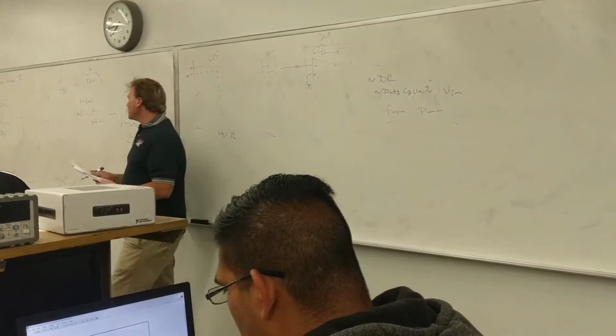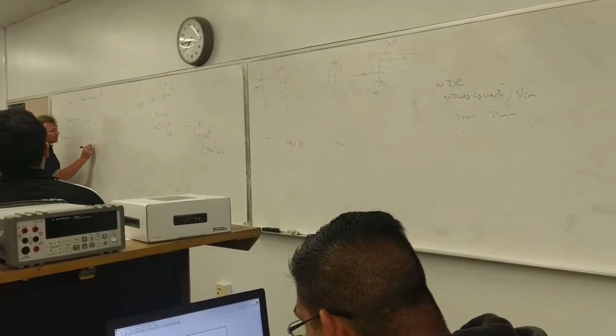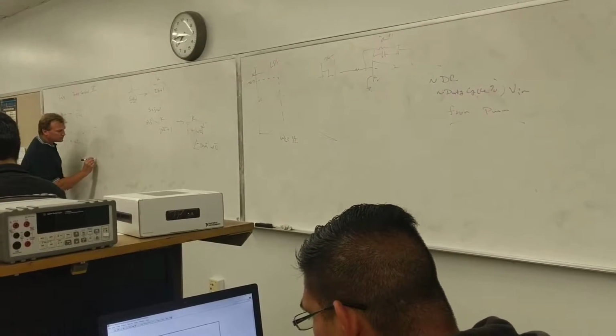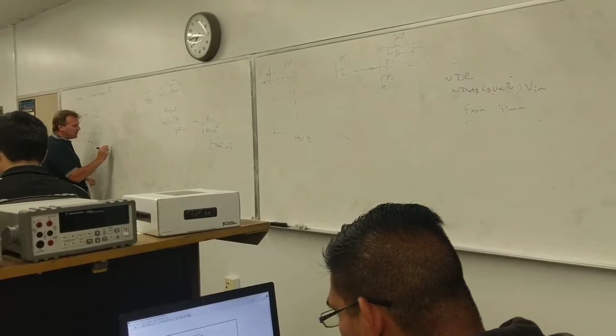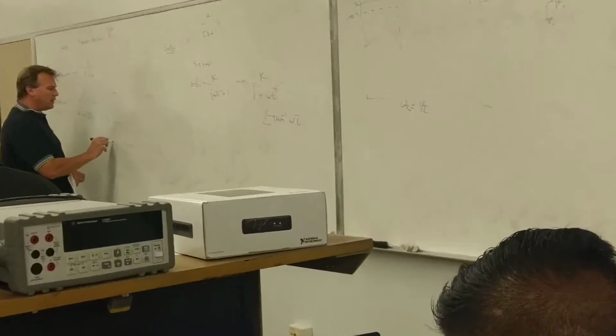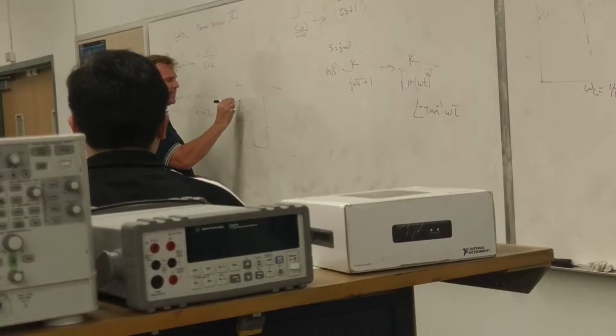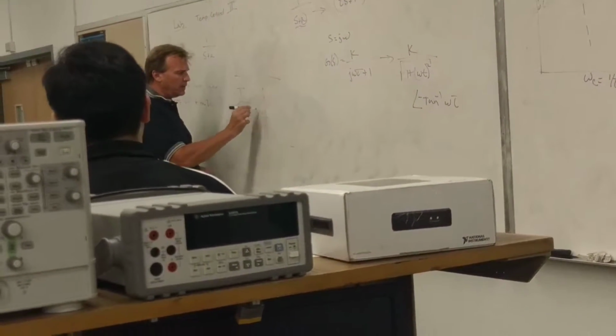Right? So, what are we talking about when we say PWM? A PWM signal is basically a square wave between 0 and some V, where T, the period, is constant.